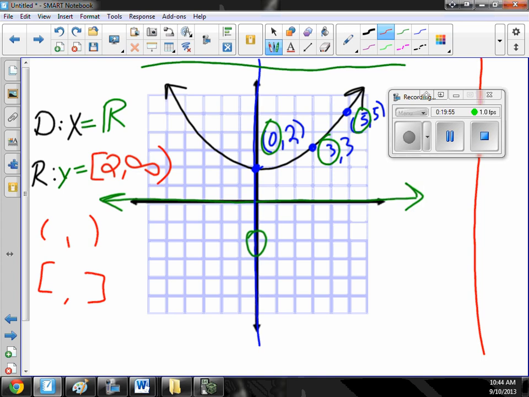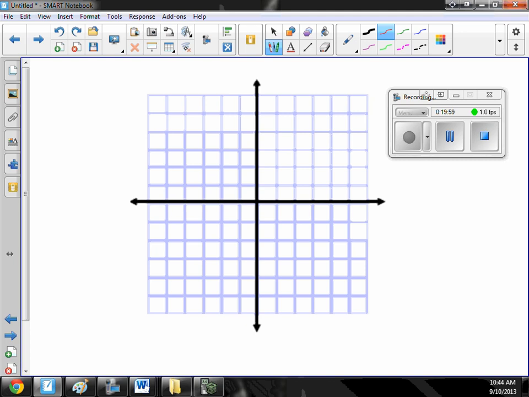Okay, let's try a different one. Is that a function? No. So on your assignment, you would write not a function. Okay? So let's test our x's.